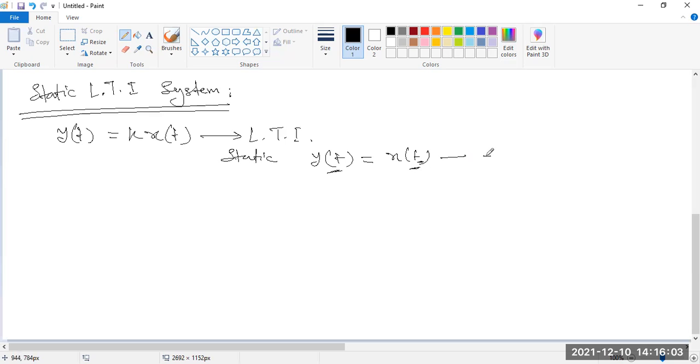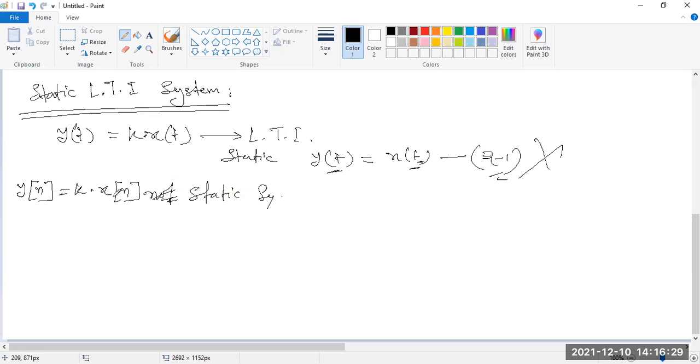If there is any time shifting property, such as a minus 1 term, then it will not be a static system. Then y of n is also k of n, that is not a static system.